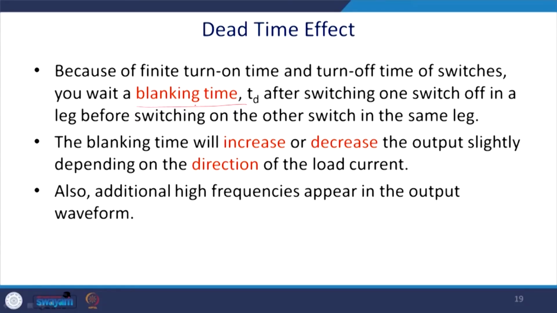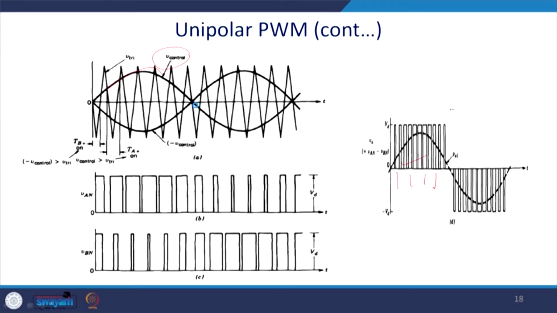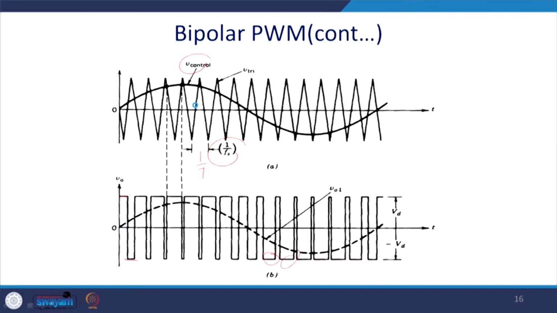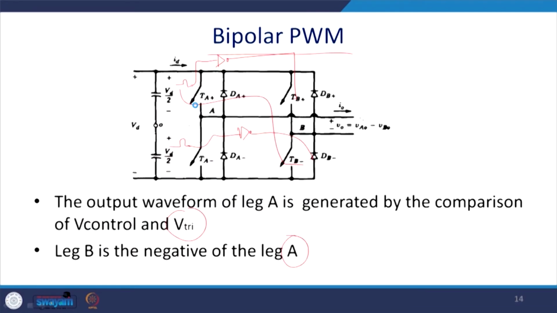Since there is a diode and current, you cannot instantaneously change the direction of the current.